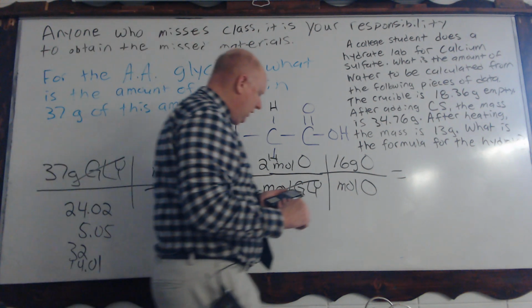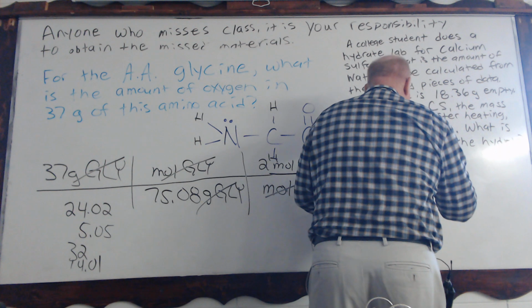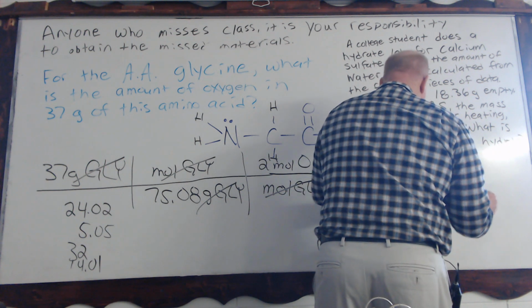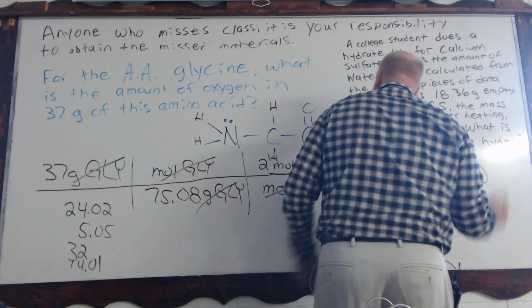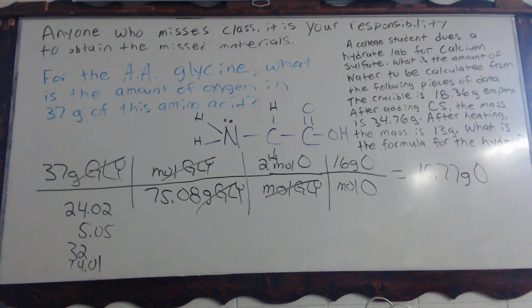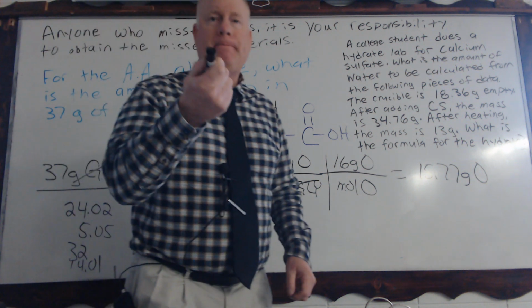So then 15.77. Okay, and then that is grams of oxygen. Now, one of the things, another discussion that we had earlier. I don't have my glasses on. So is that not correct, somebody? That's what you got? Okay.